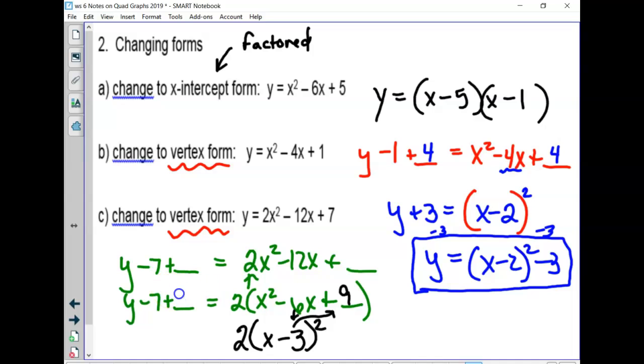Do we really add a 9 to the left side? Anybody tell me why we don't add a 9 to the left side? Nope. What does this side really have on it? Yeah. 2 times 9 is 18. We really added 18 onto this side to get it to be equivalent to this.